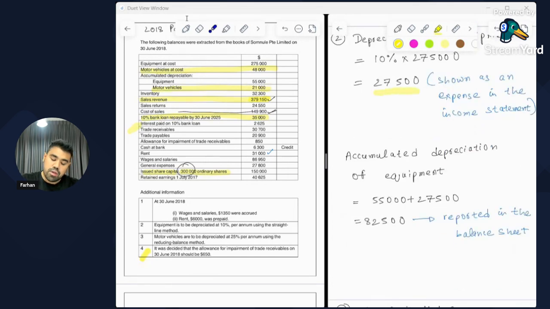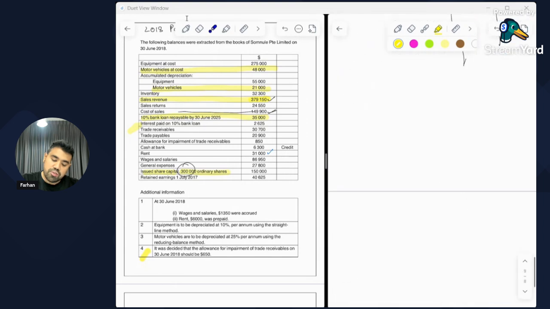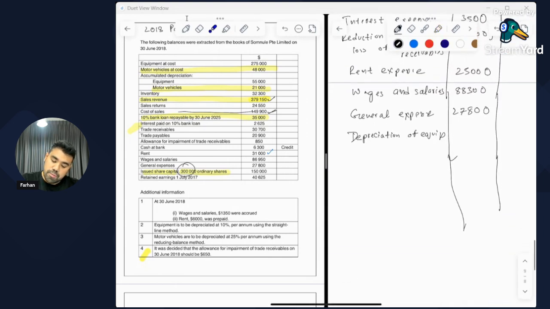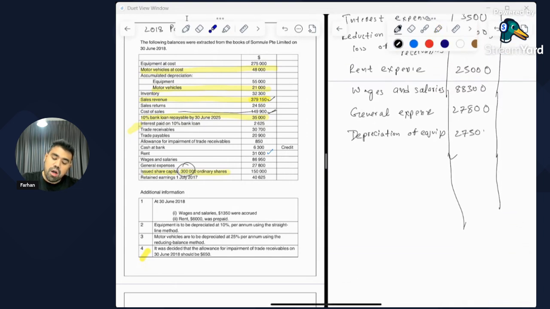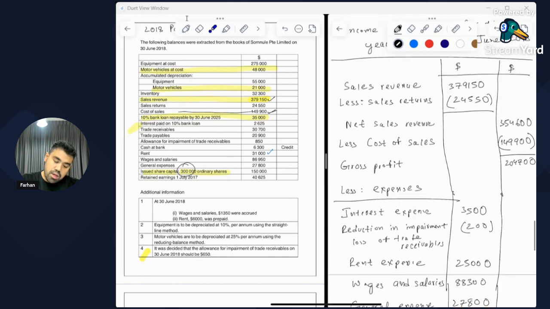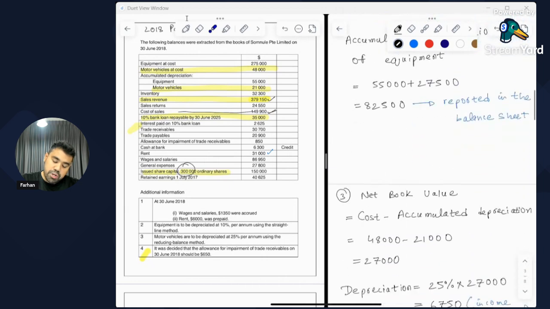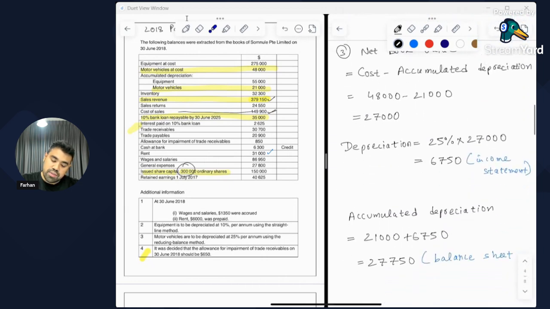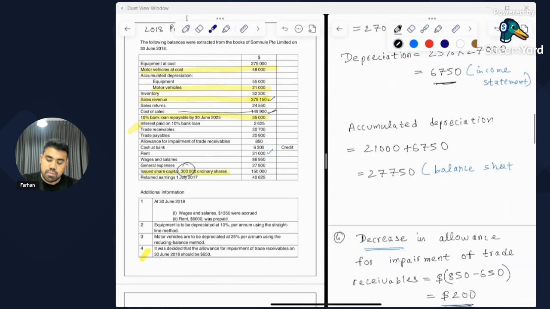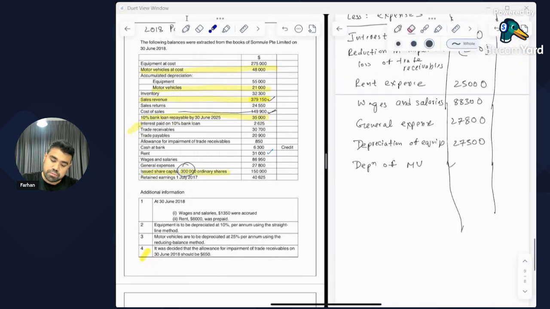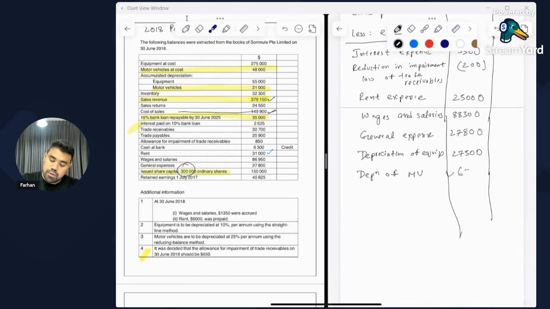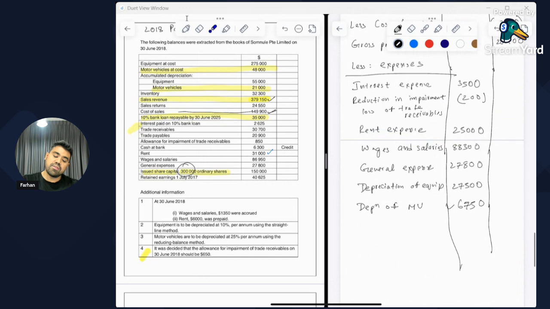All right. So depreciation of equipment is 27,500. And then we have got depreciation of motor vehicles. So let's scroll back up. Depreciation of motor vehicles was 6,750. That's it. All the expenses have been listed.